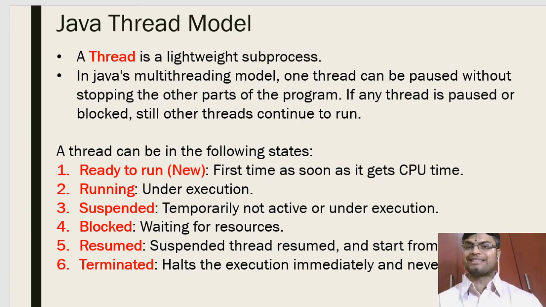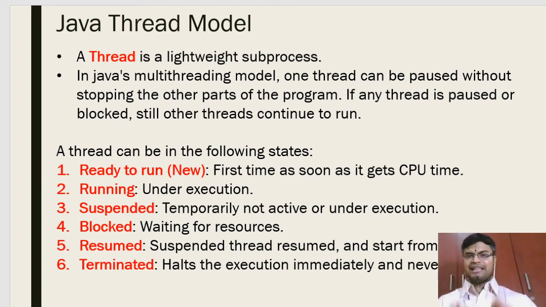Next, we have something called suspended. Suspended normally happens when, for example, that thread needs some resource. If it is waiting for some resource, for example an input from the user, or maybe some input output operations that need to occur with some device, in that case that thread will be suspended.